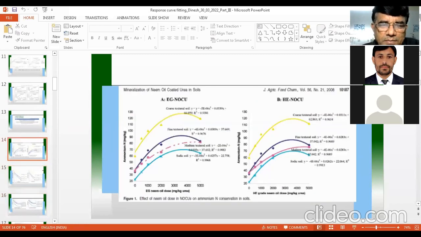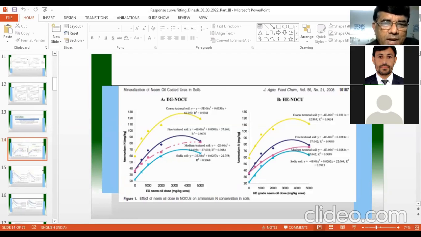Sir, if these four variables, like 4 types of soil or 4 types of variety, are taken, then will the relationship between neem oil and ammonium nitrogen be the same? No, it will vary because the response will vary in different soils.